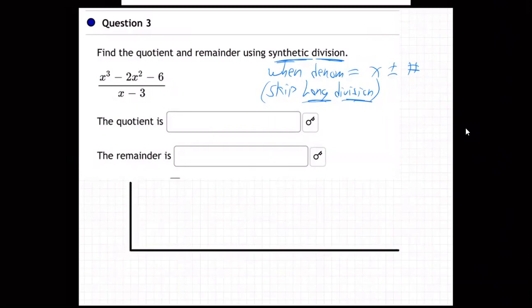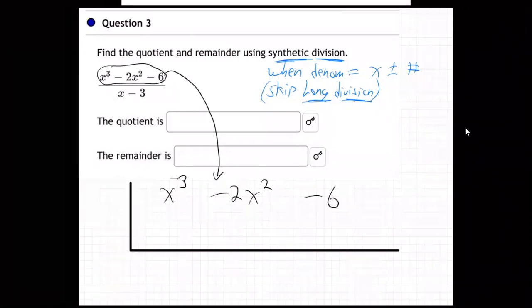All right. And then you bring down the numbers here. So x to the third minus 2x squared minus 6. So see, I just bring down the numerator right there. And then what I'm going to do on the outside, remember how we start this now.